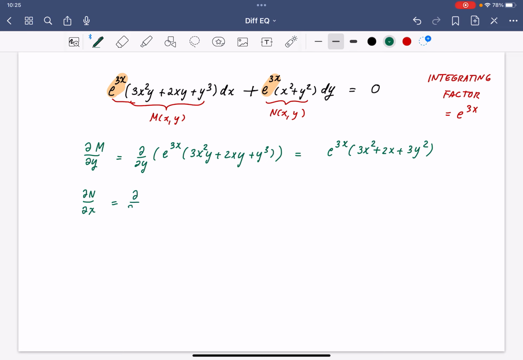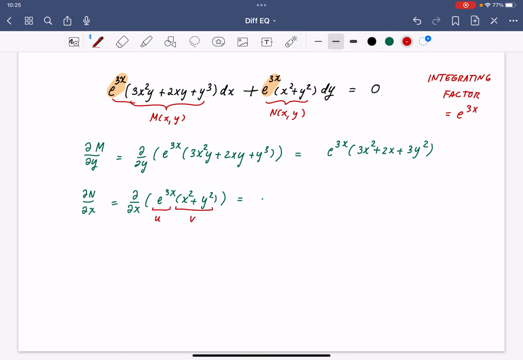For n, you differentiate e to the 3x times x squared plus y squared with respect to x, so you need the product rule. This is u and v.